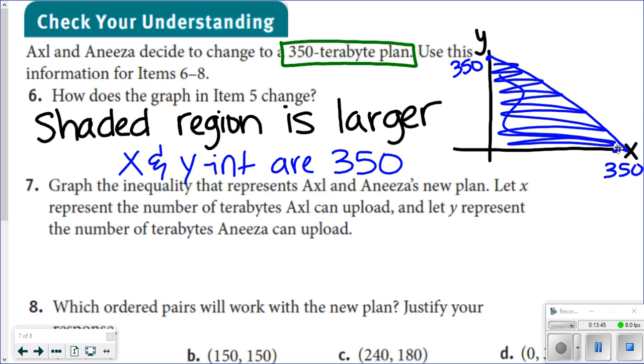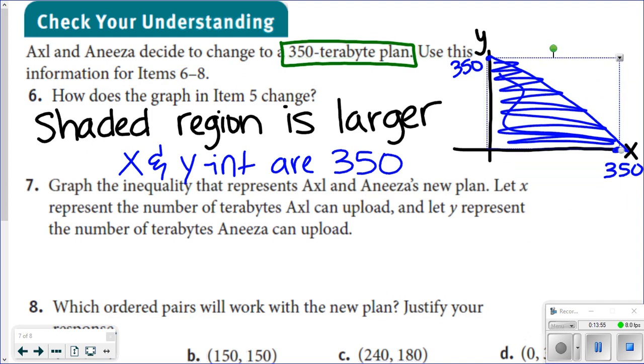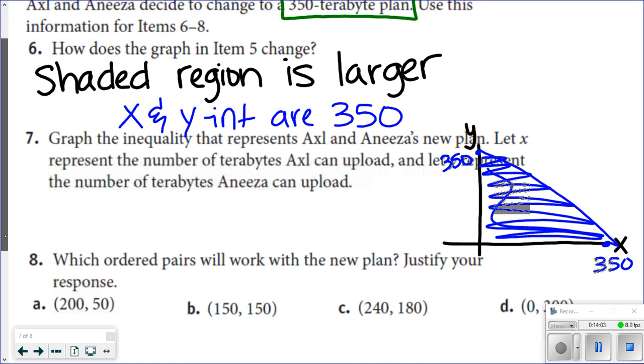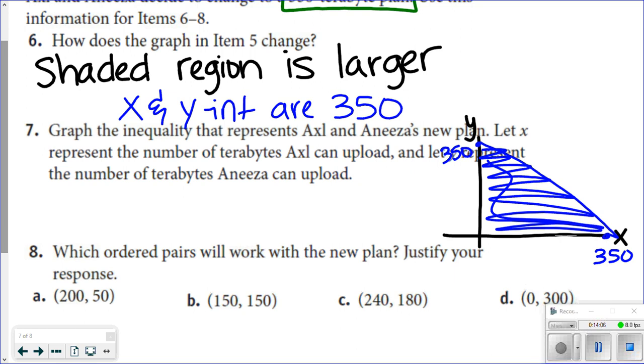Oh, and I just did question 7 for you. Graph the inequality. So, just take this guy. Maybe if I can move it all at once together. Move it down. I got so excited talking about the x and y intercepts that I graphed it. It doesn't have to be fancy.